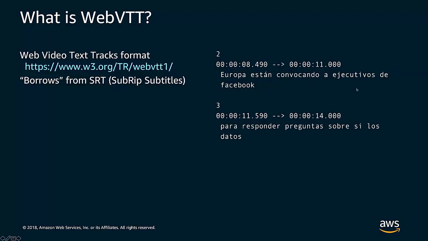Here's an example snippet on the right. As you can see, we provide timing. So in this case, we're saying at 8.49 seconds to 11 seconds, we'd like to present this piece of text on the video. And then the next cue is from 11.59 seconds to 14 seconds. One of the critical bits here is how the timing from Amazon Transcribe is ultimately used with these kinds of subtitles.